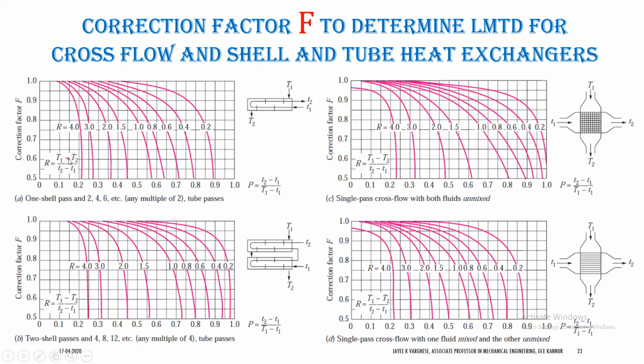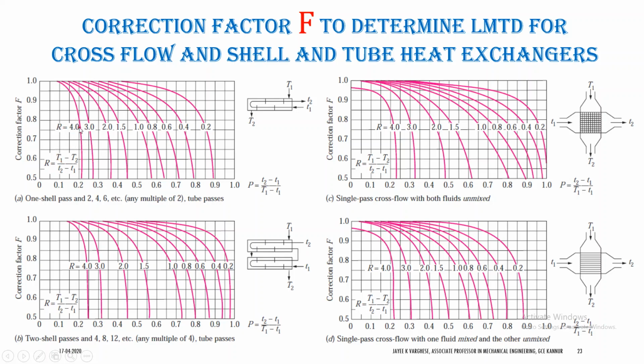T1 minus T2 is the temperature difference of the shell fluid, and t2 minus t1 is the temperature difference of the tube fluid. So R is the temperature difference of the shell fluid divided by that of the tube fluid. This is calculated in such a way that it will always be a positive quantity.